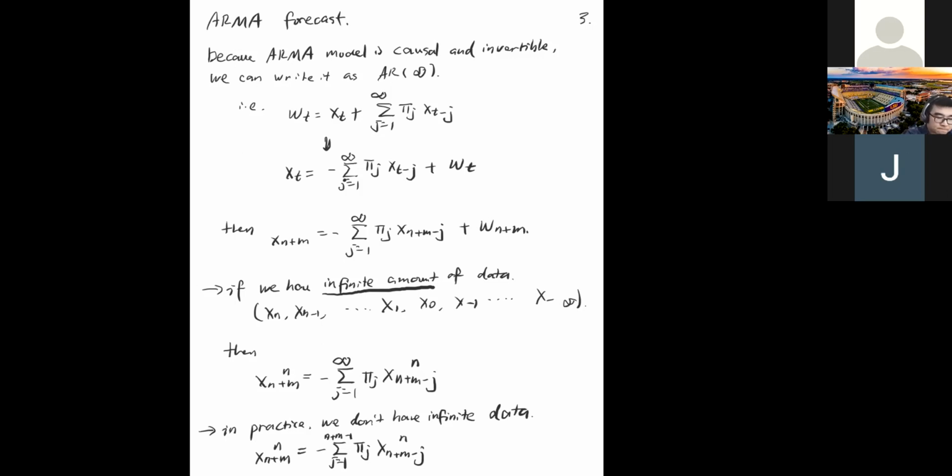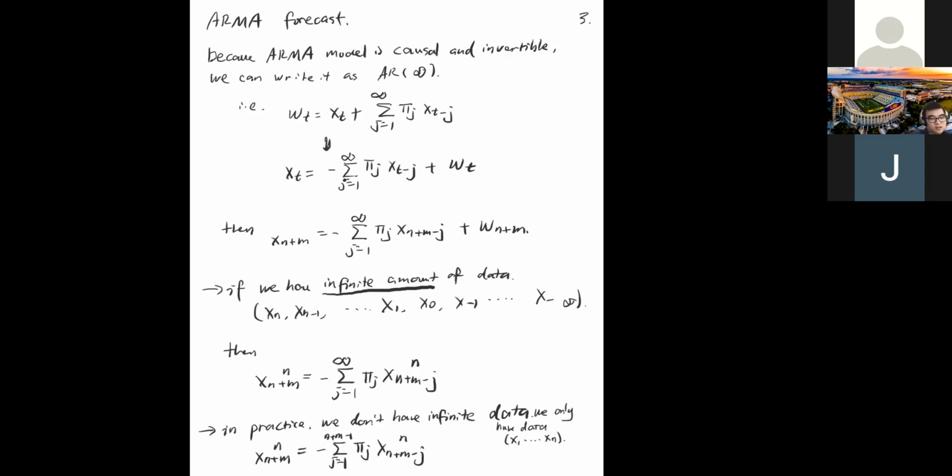Okay. Maybe we only have data x_1 to x_n. We can only start from period number 1. We do not have periods going back to negative infinity.